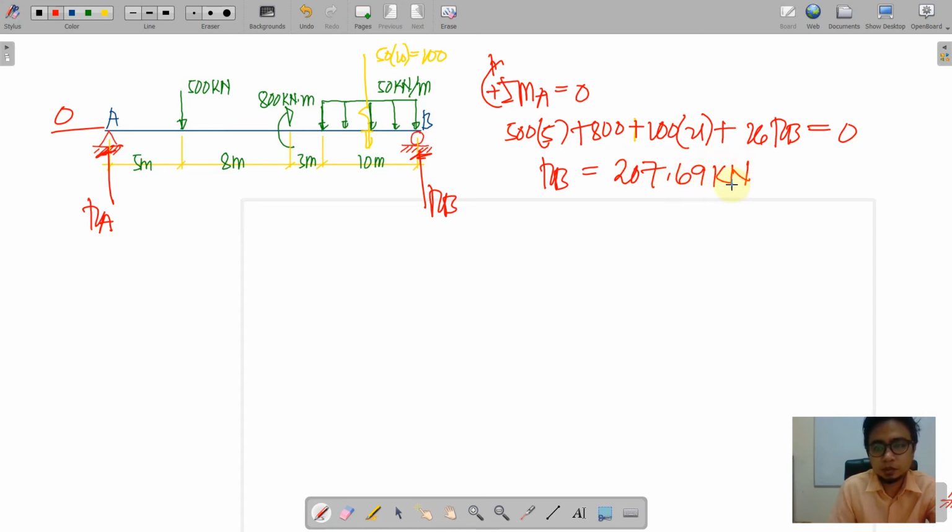kilonewton. So anyway, we will just check this by summation force vertical by and by. So summation moments B is equal to 0.